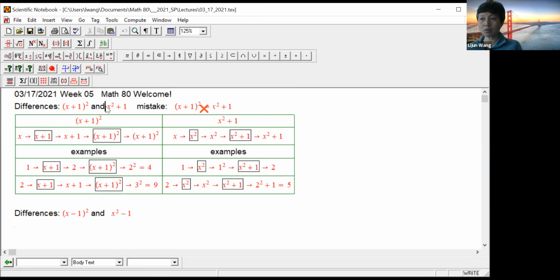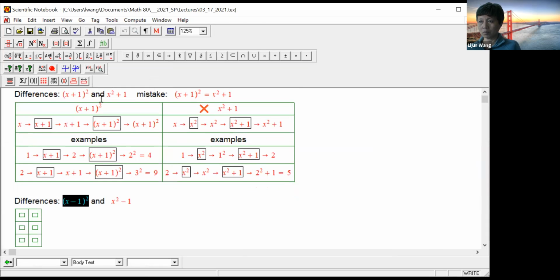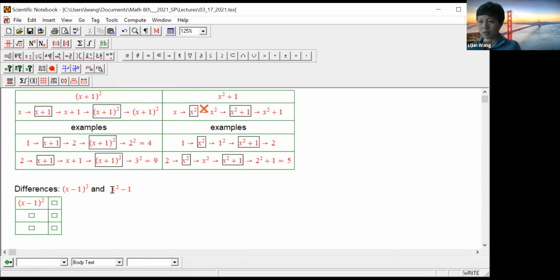And we just did the graph of this one. And for these two, the same thing. Okay? So I'm going to make another table, and we're going to work this out. Because this is also another very common mistake.